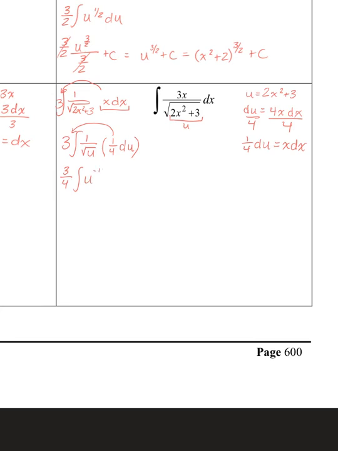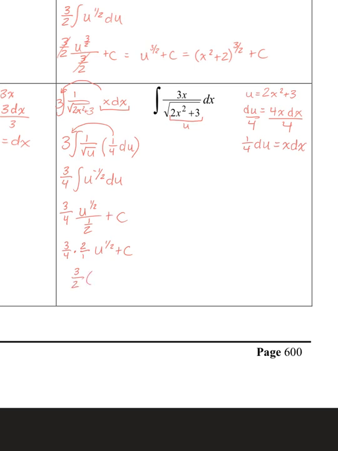I'm going to go ahead and change this into u to the negative 1/2 du. If you integrate u to the negative 1/2, you get u to the 1/2 divided by 1/2 plus c. Okay, keep change flip. This ends up being 3/4 times 2 over 1, u to the 1/2 plus c. Okay, do some algebra here. You get 3 over 2.